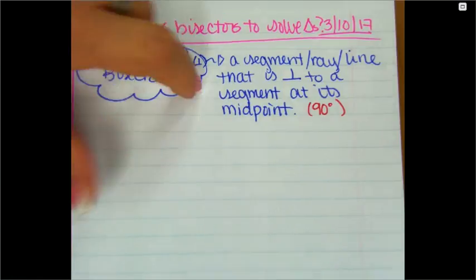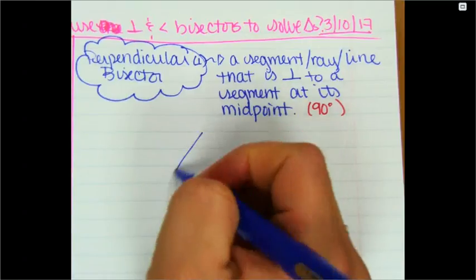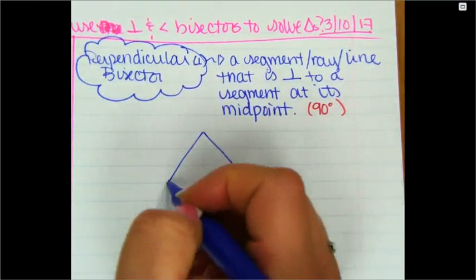All right. So it could be a segment, a ray, or a line that intersects. Remember, we're intersecting triangles, correct? So we need a triangle.